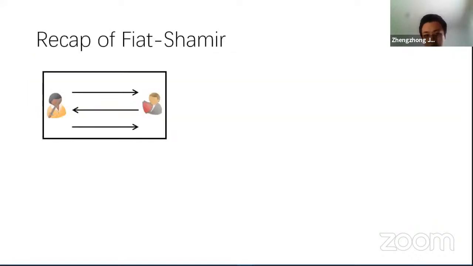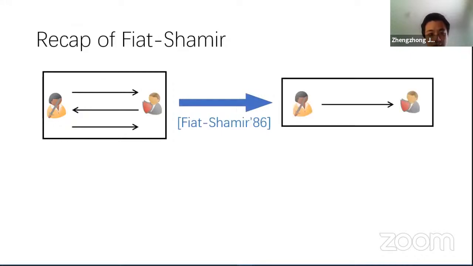To obtain our result, our method is to follow the Fiat-Shamir framework. The Fiat-Shamir transformation is a method to collapse a public-coin interactive protocol to a non-interactive protocol by replacing all the verifier's messages with the hash of the transcript so far.